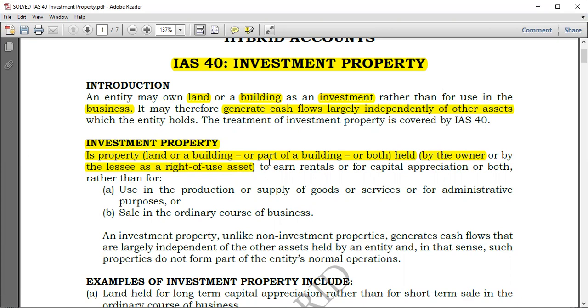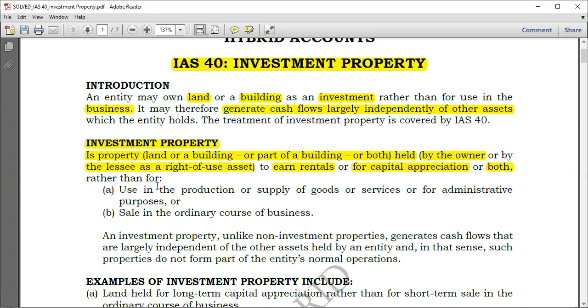Okay, so now the last point here is this property should be used to earn rentals. Either you earn rentals made by renting out the building, or for capital appreciation, or both of them. So this is what we call investment property. Rentals, capital appreciation, or both. And then we specify rather than for.